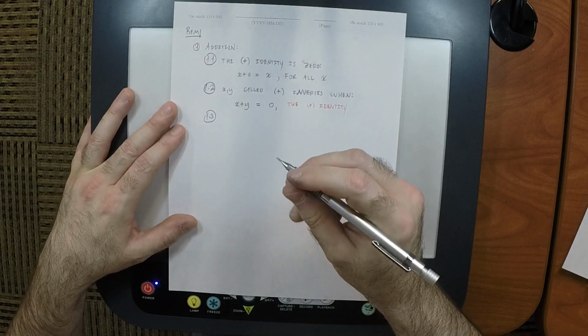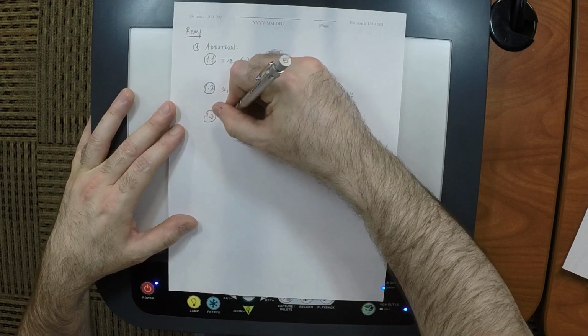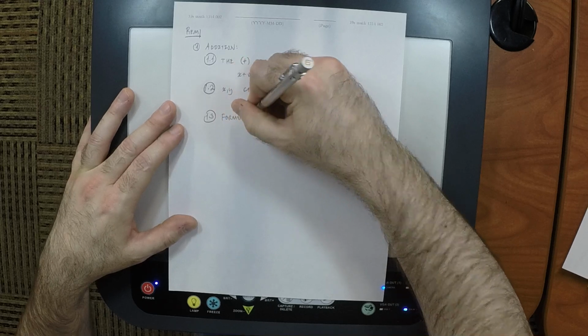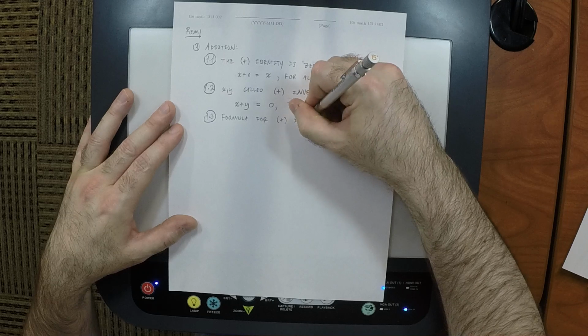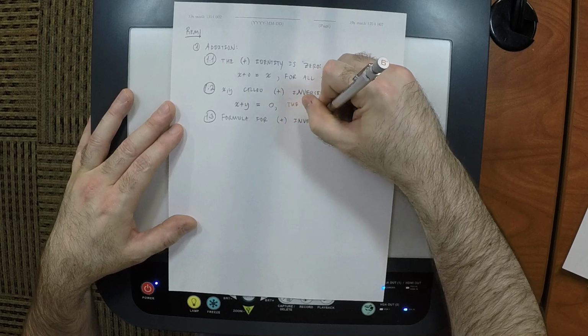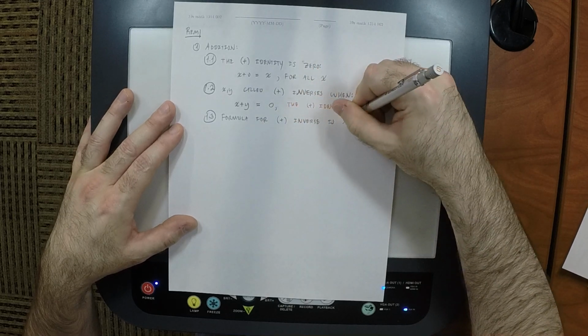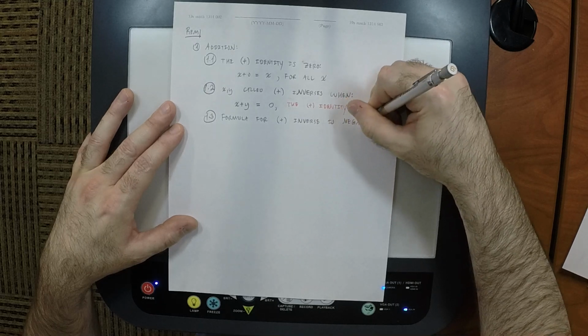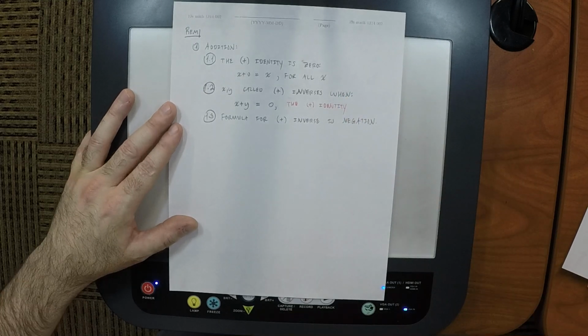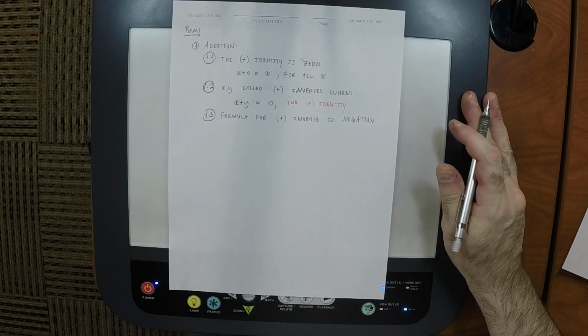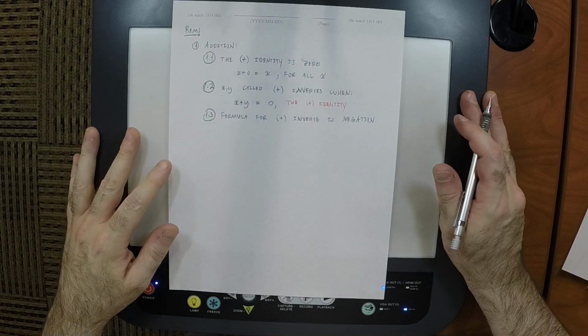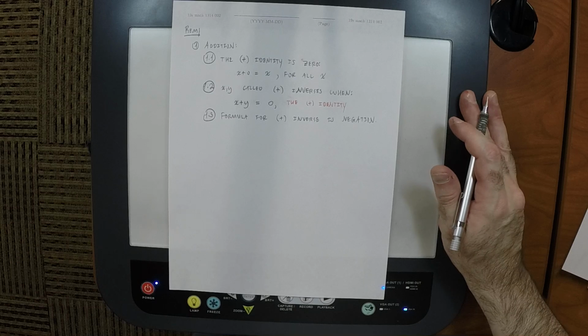1.3. The formula for additive inverse is negation. Meaning that given any number, the way to find its additive inverse is to negate. The additive inverse of 8 is -8.